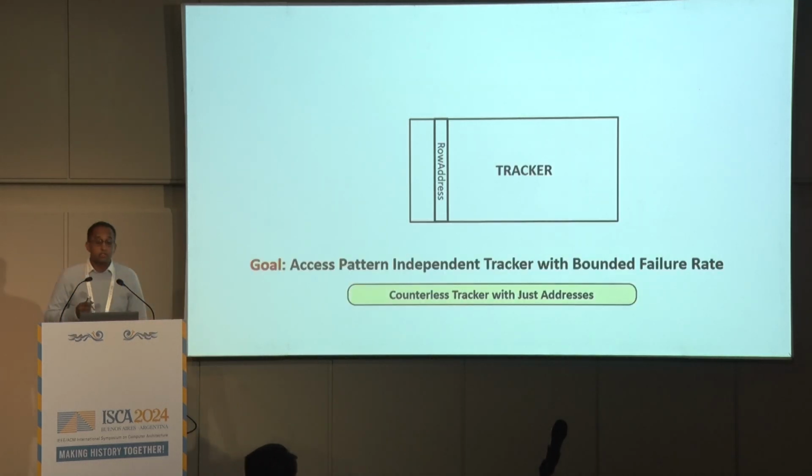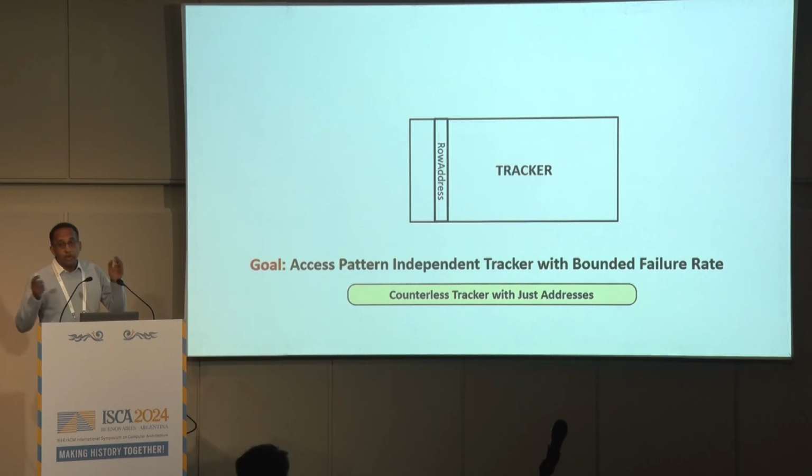So our goal is to design an access pattern independent tracker that has a bounded failure rate. Since we know that counters are one of the reasons for the insecurity in existing trackers, let's design a tracker that requires no counters. Let's just remove them.